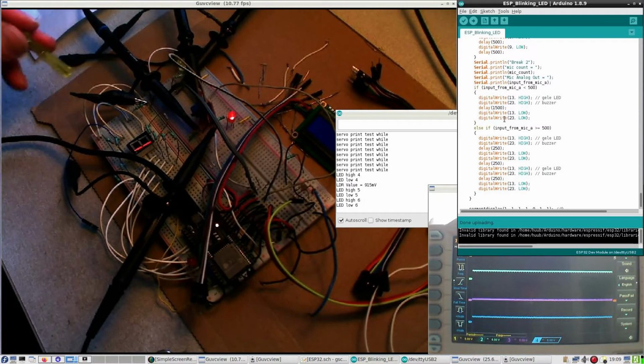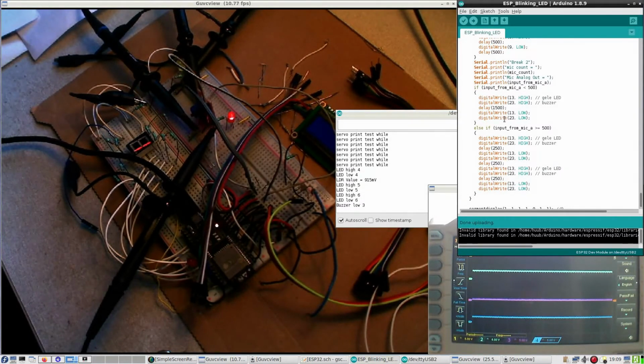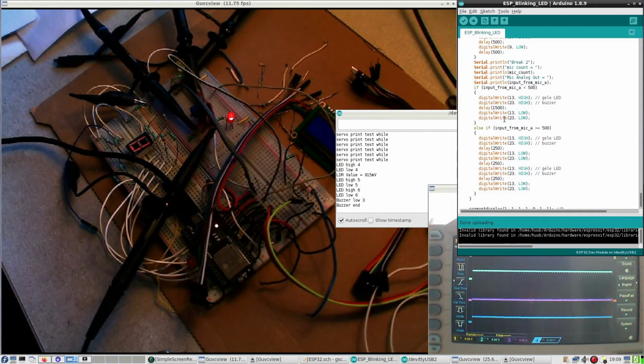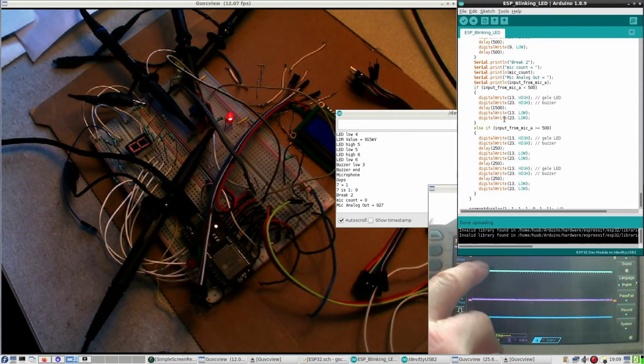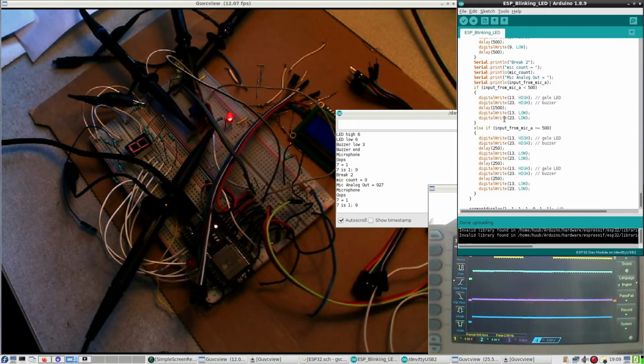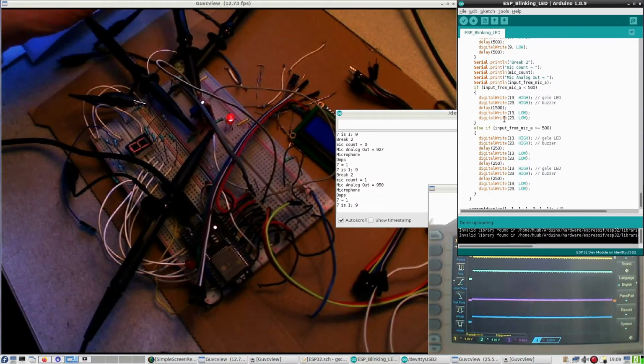Analog signal. So, looking here, this looks like short digital signals. But is it really?